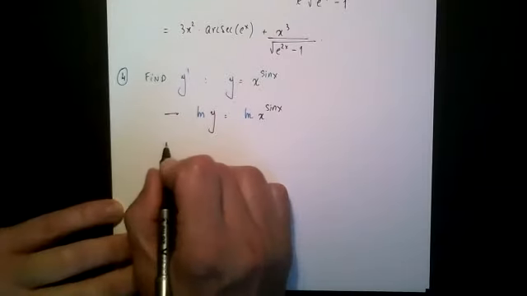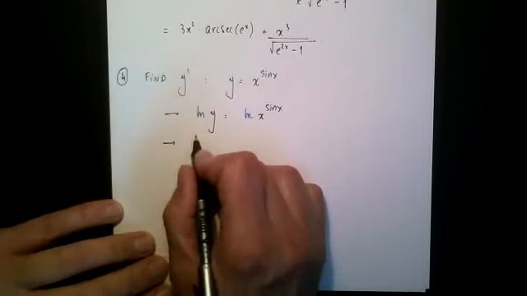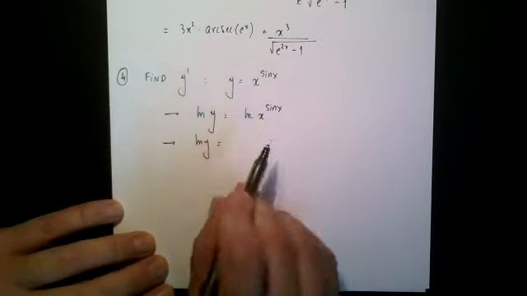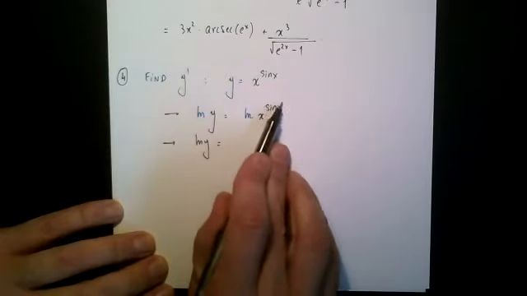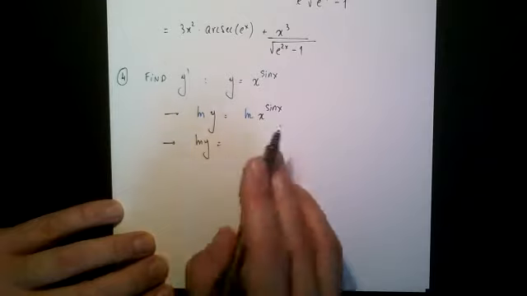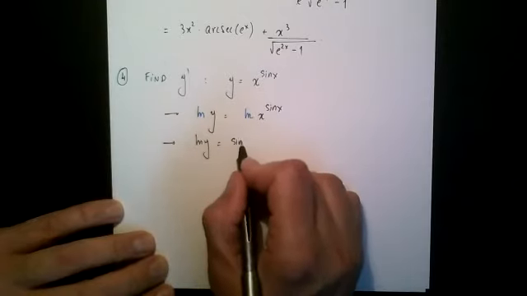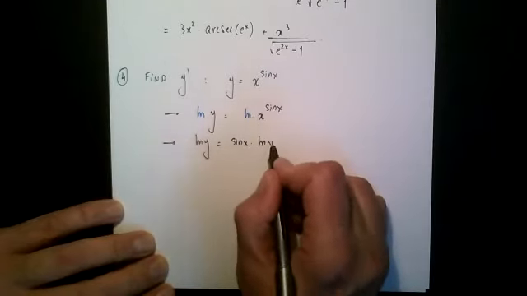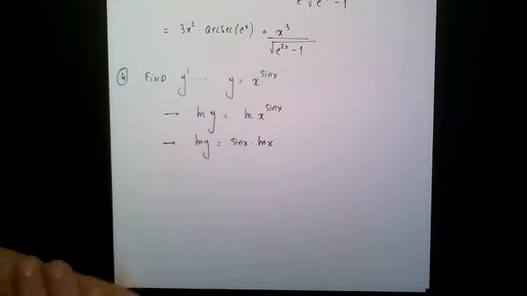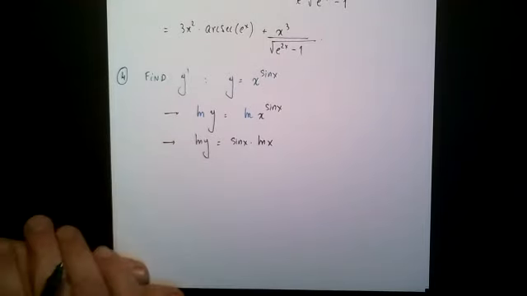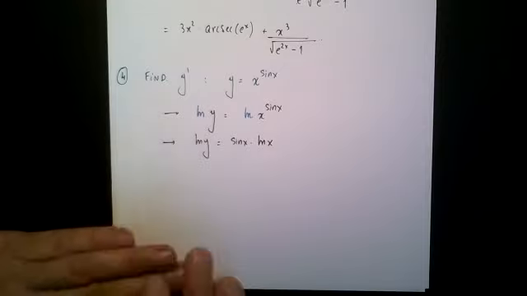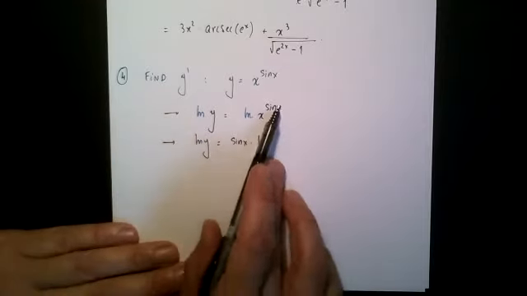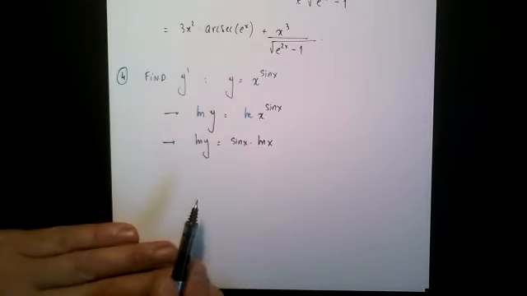And that tells me that the ln of y, with the properties of lns, I could bring down the exponent in front: sine x ln x. So I didn't do derivative yet. I just applied ln on each side and brought down the exponent.